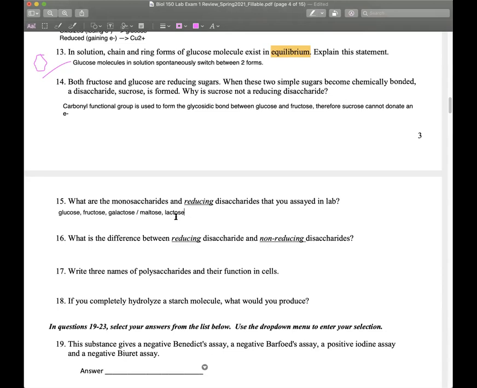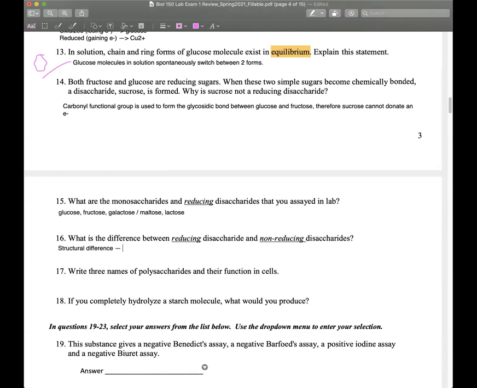So maltose and lactose, those are 2 disaccharides that can donate an electron. Sucrose is a disaccharide that cannot. So there are 2 different functional abilities of these disaccharides. What is the structural difference between something that can reduce and something that cannot?